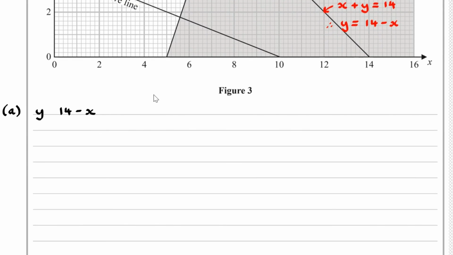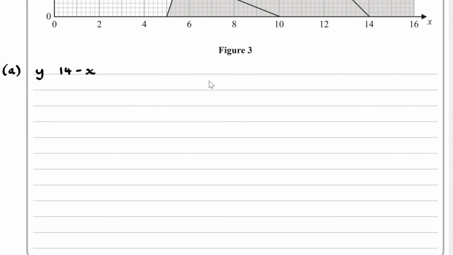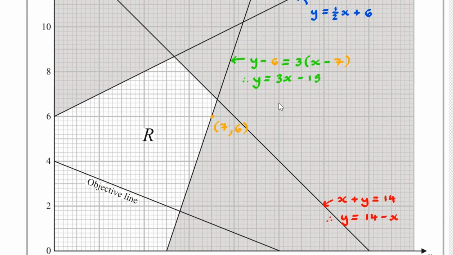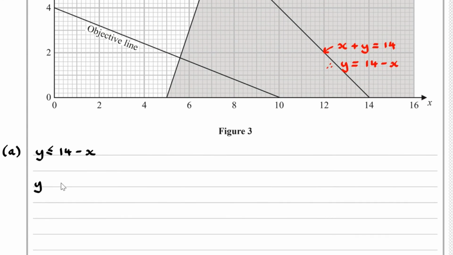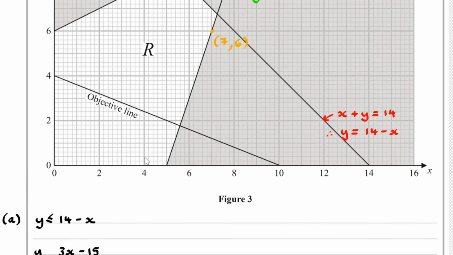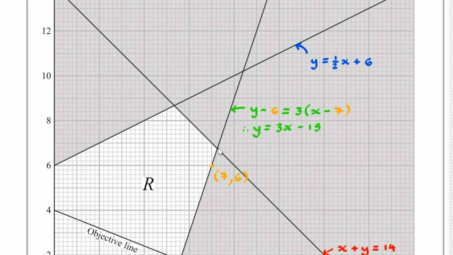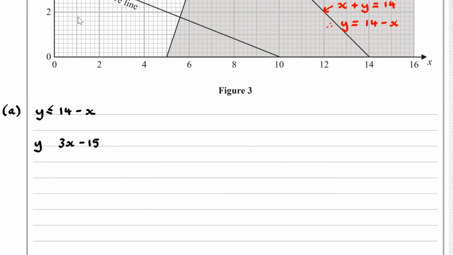So I want y to be less than or equal to 14 minus x. Then if I consider the 3x minus 15, so I've got y, and then I've got the 3x minus 15. I want everything above this line, so I want y to be greater or equal than 3x minus 15.